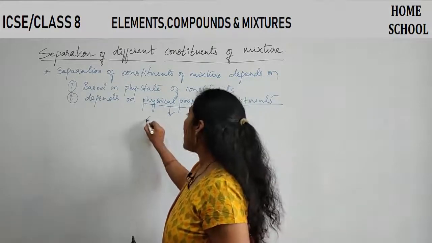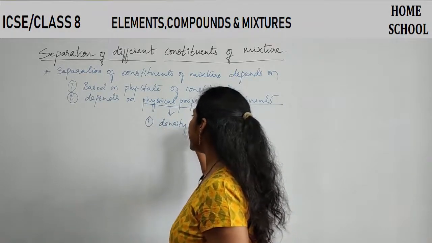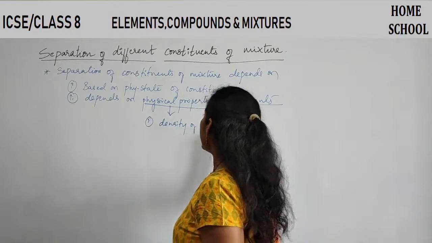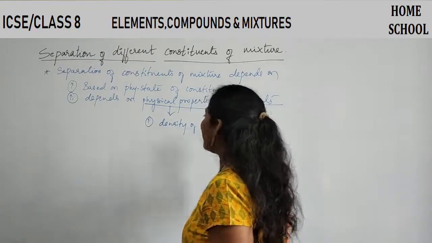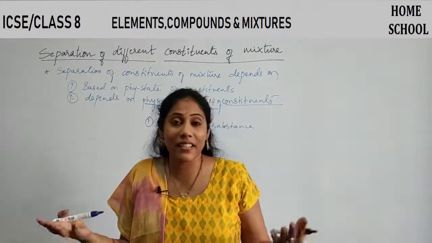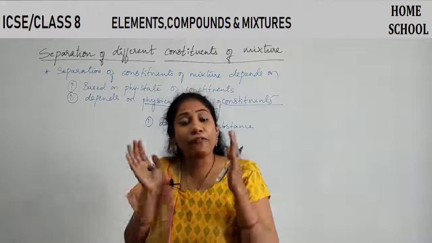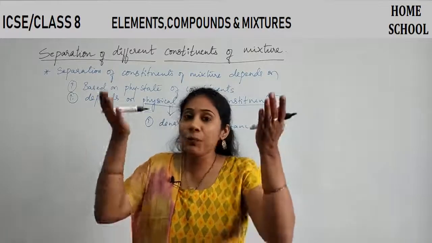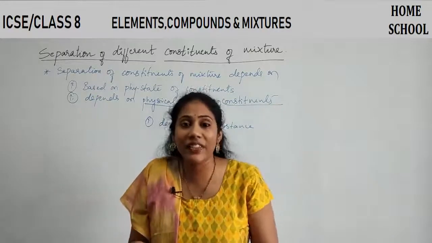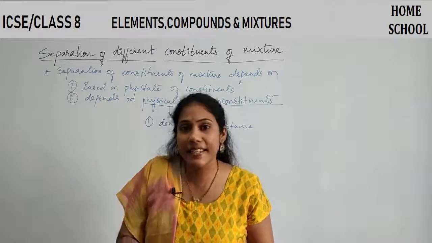The physical property can be the density of a substance. What do you mean by density? In simple words, density is nothing but heaviness. It is a measure of the heaviness of a substance. If one constituent particle is more heavy, the other one is less heavy. If one has more density, the other one is less dense.